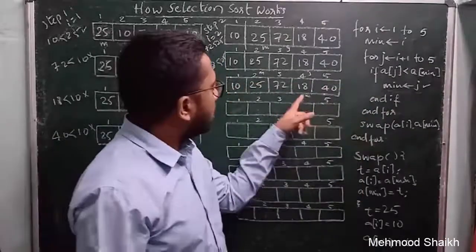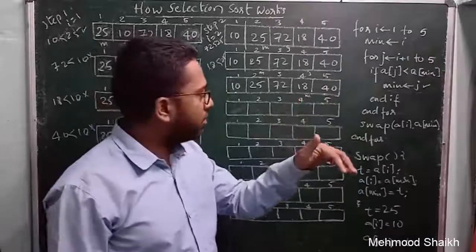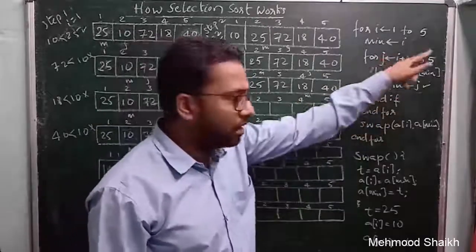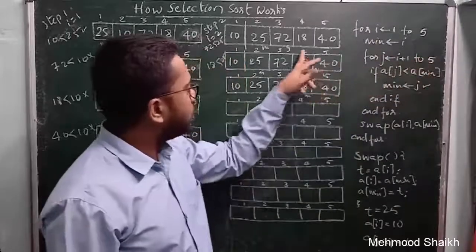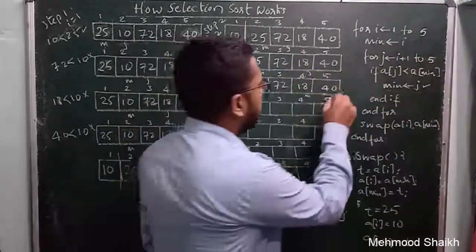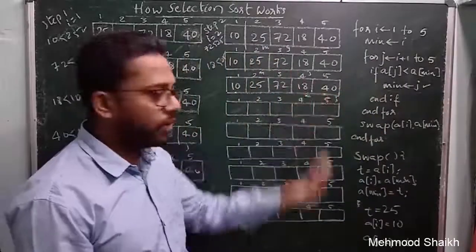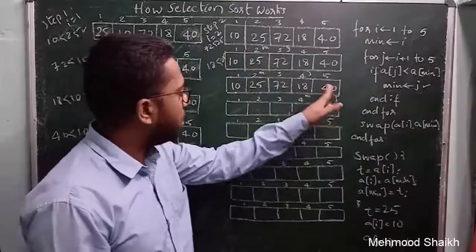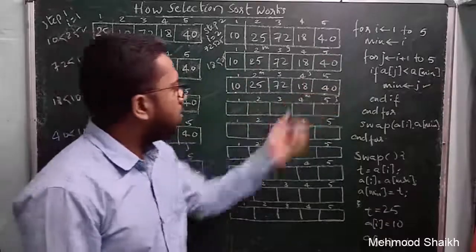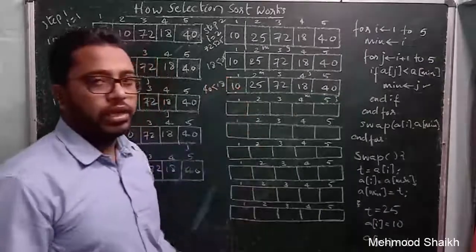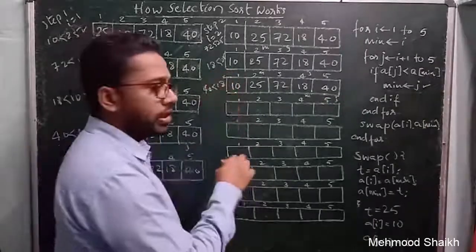So now the fourth element becomes the smallest element, and while coming out from this if condition, j will get incremented by 1. j was 4, and since j gets incremented, it becomes fifth. So j will be pointing to the fifth element. To make a comparison between the fifth element and the fourth element, we will check whether 40 is less than 18. No, 40 is not less than 18, so the condition becomes false.